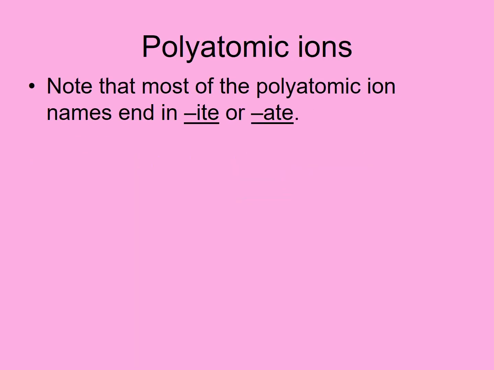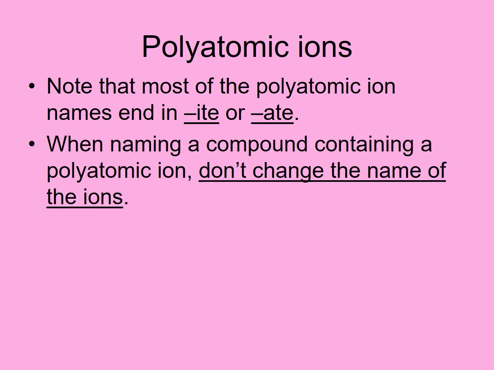If you look over your polyatomic ion list on the back of your help sheet or your periodic table, you probably will notice that at least 75 or 80% of the polyatomic ions end in the suffix ITE or ATE. That's a good way to recognize, if given the name of a compound, that you have a polyatomic ion present.